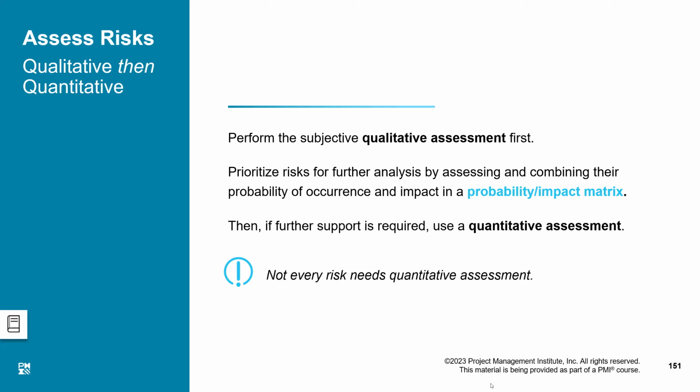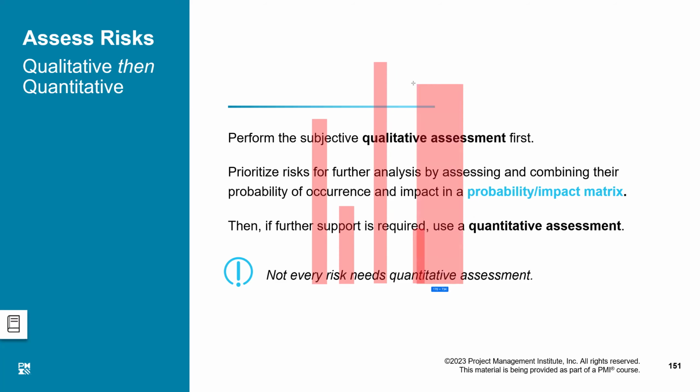Have you seen a histogram? A histogram is something like, for example, the first category is this much, second category is this much, third category is this much, fourth category is like this, and fifth category is like this. This is how a histogram looks.